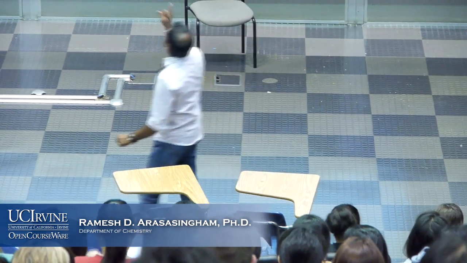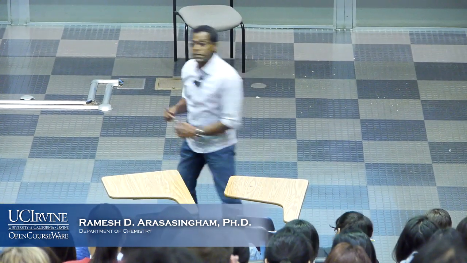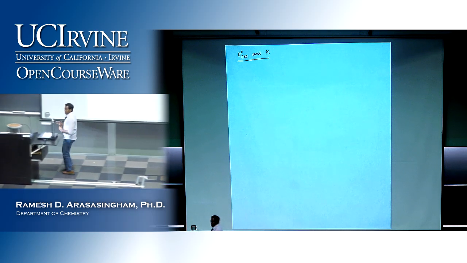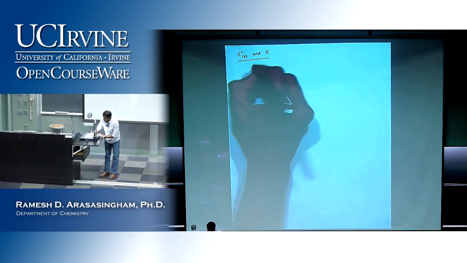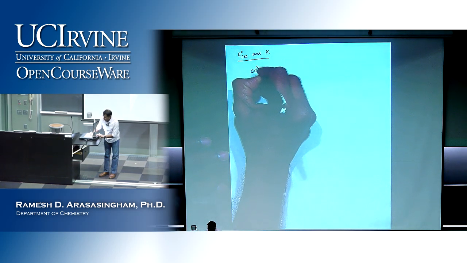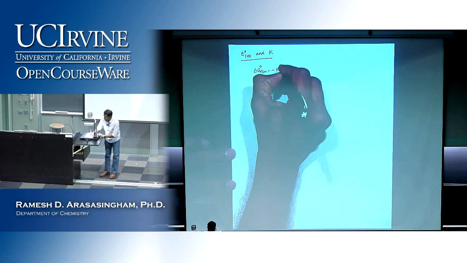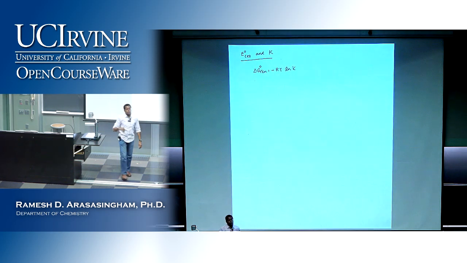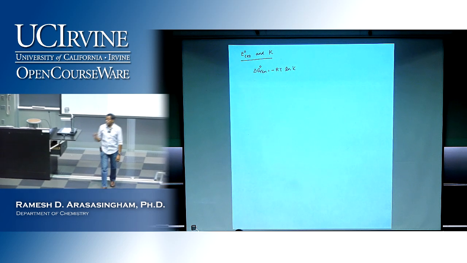All right, so if you guys remember, we talked about the relationship between the cell potential and the equilibrium constant last time, and we derived an expression. This comes from the relationship between free energy and the equilibrium constant: delta G naught reaction equals minus RT ln K. We learned this last quarter when we looked at thermodynamics.